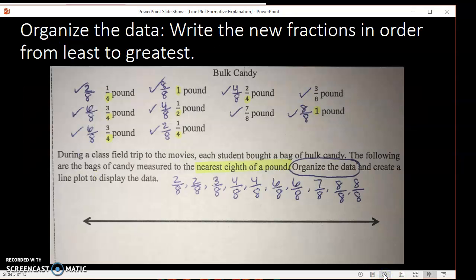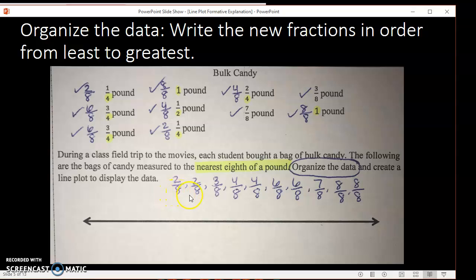Now that we have that information, we can organize the data. So now we need to write these new fractions that we found and put them in order from least to greatest. Make sure you put each instance of the fraction. Notice there's 2/8, so we put both of them in the list because remember each one represents a kid. Maddie got 2/8 of a pound and Riley also got 2/8 of a pound.